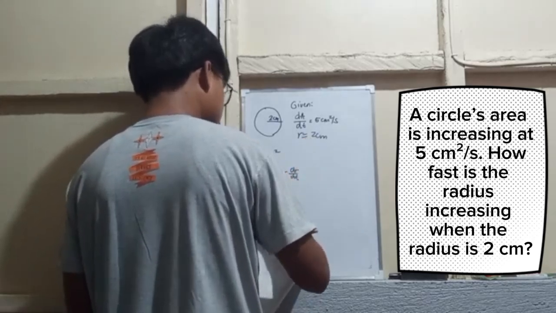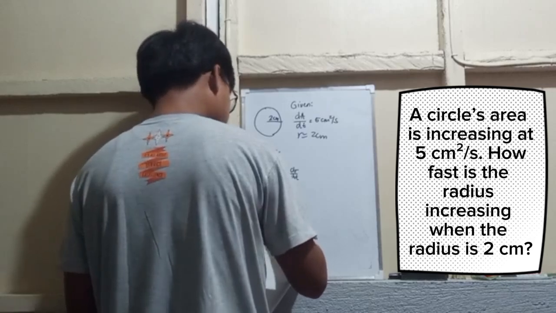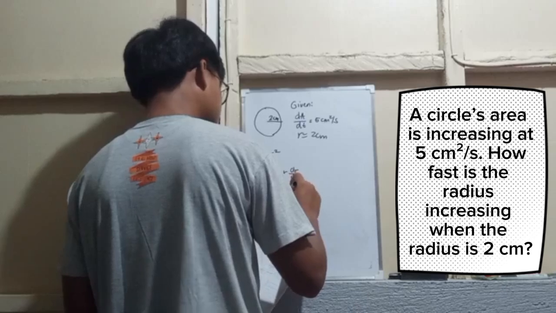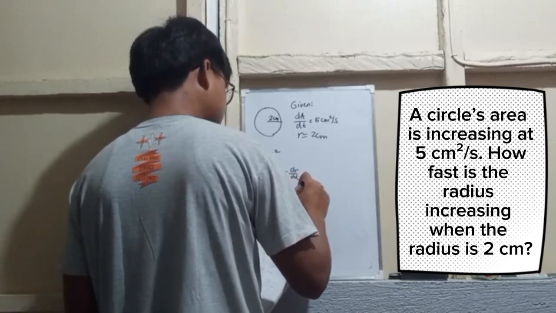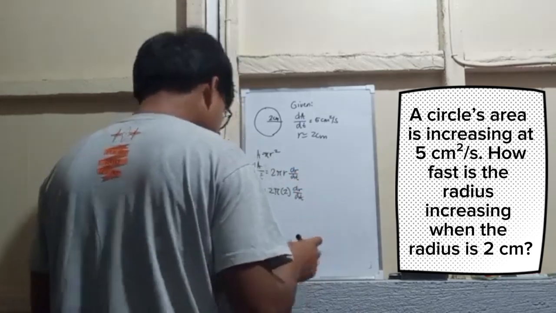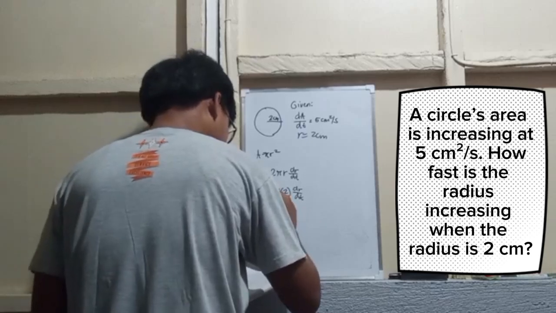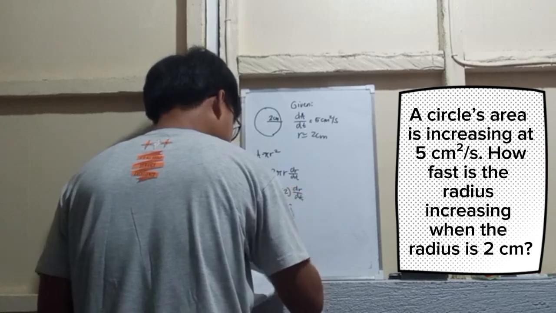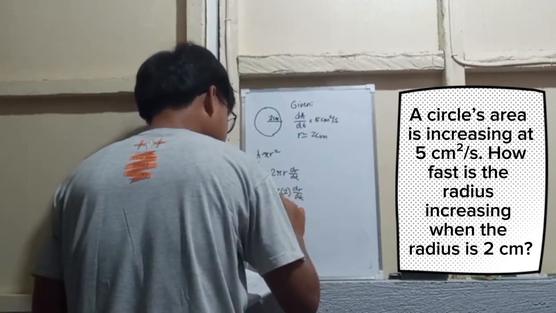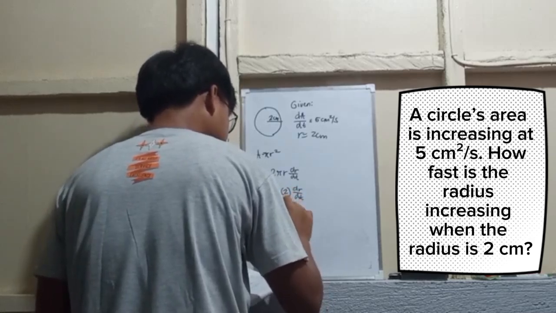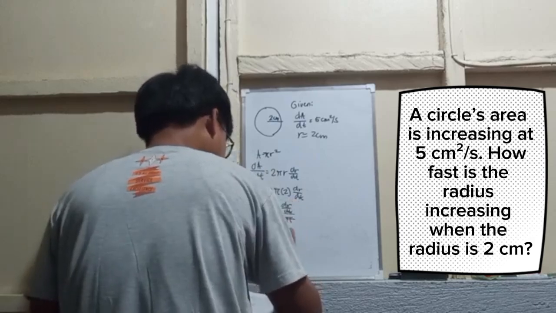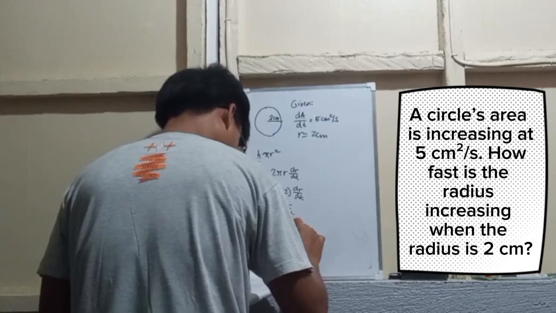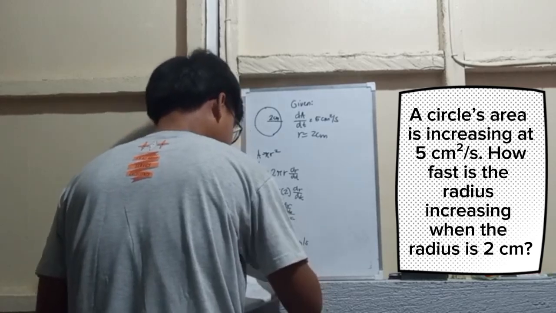So dA over dt is equal to 5, and 2 pi, and our r is equal to 2, so 2 dr over dt. Then solve, we will have 5 is equal to 4 pi dr over dt. Divide both sides by 4 pi and cancel. We now have the value of dr over dt as 0.4 centimeter per second.